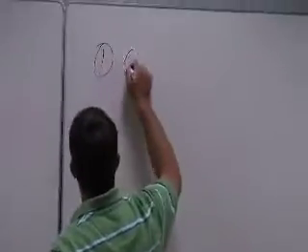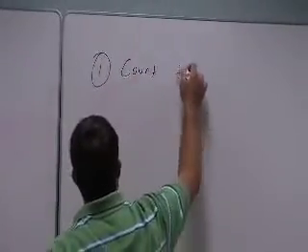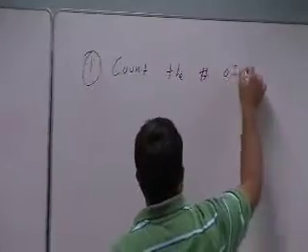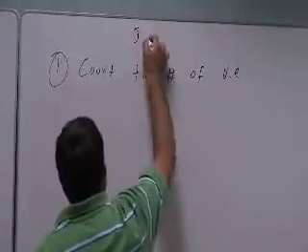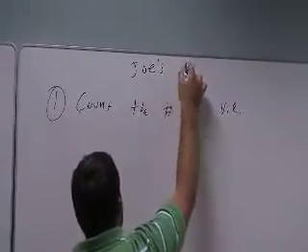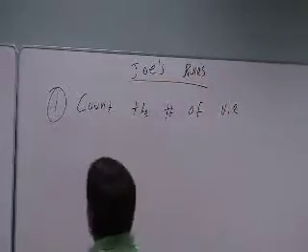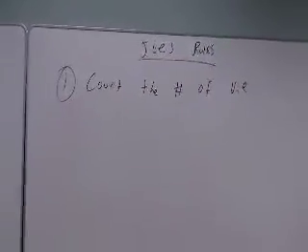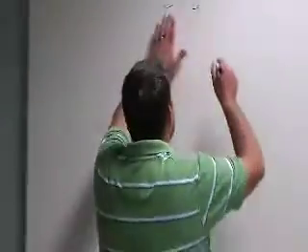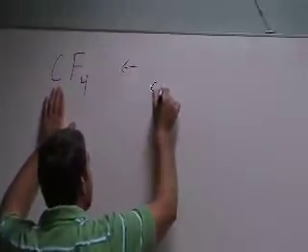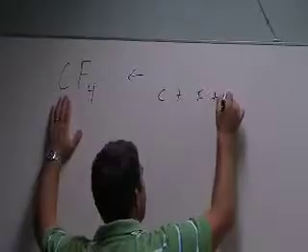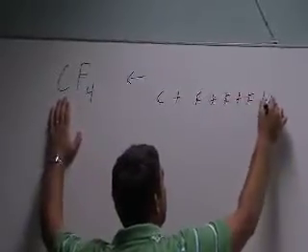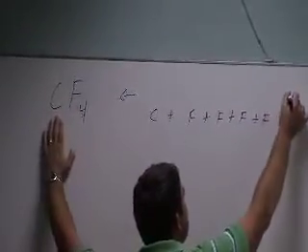The first step is to count the number of valence electrons, and we're going to call these Joe's rules. That's official. You're not going to find that anywhere else. So let's count the number of valence electrons. How many do we have? Here we've got a carbon and four fluorines, and that's it.